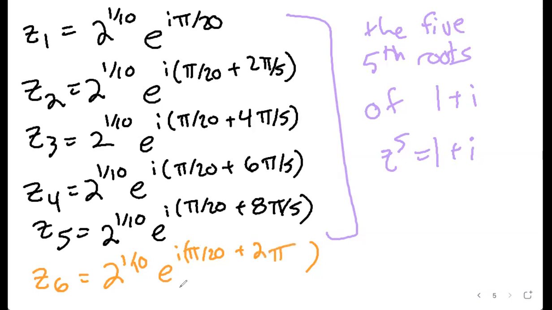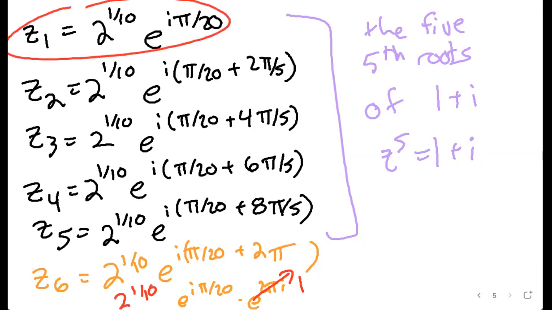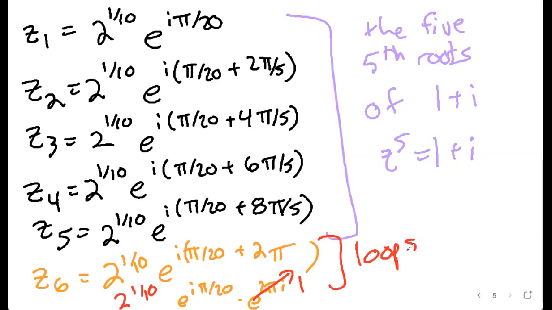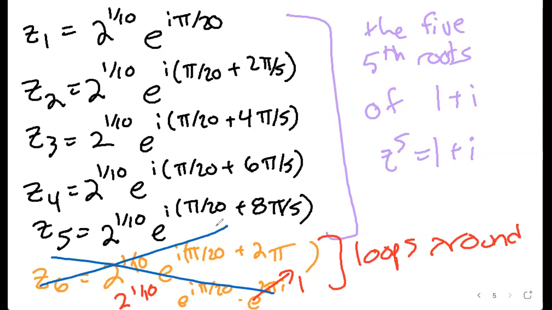And e to the i pi over 20 times e to the 2 pi i, we know from a previous video, that's just 1, and this is just back to z sub 1. So we start just looping around. So we should not do this.